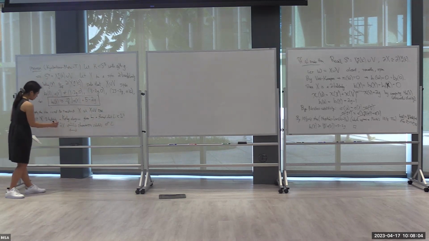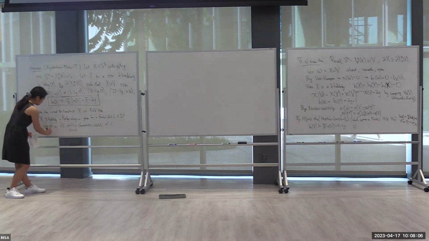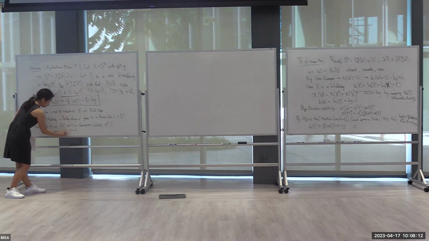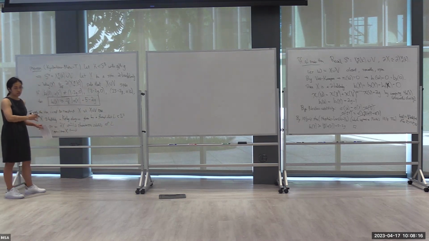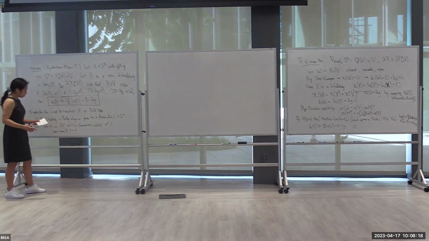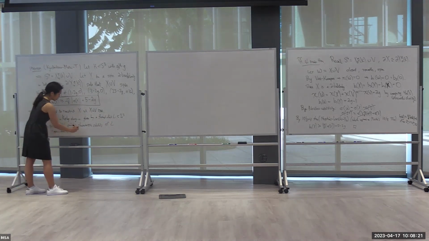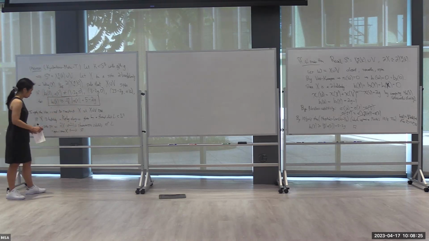And if you take a spin structure on the boundary which extends over that 2-handlebody X, that corresponds to the empty characteristic sublink.